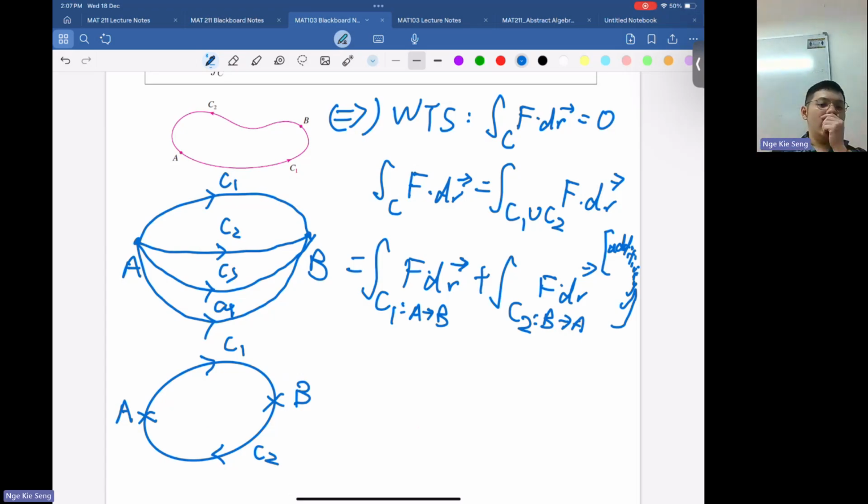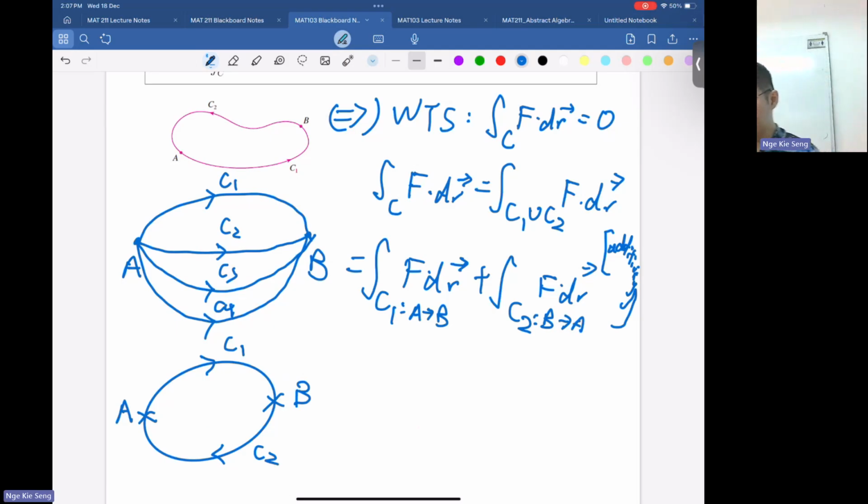Then what? We haven't used the assumption yet. What does the assumption say? Independent of path. So this line integral is independent of path, just dependent on the endpoint.